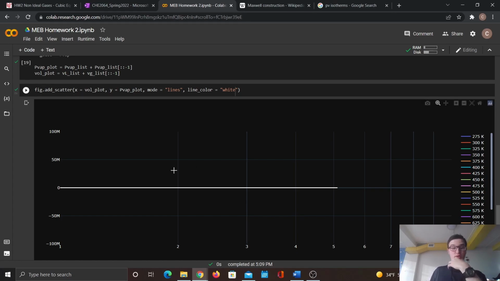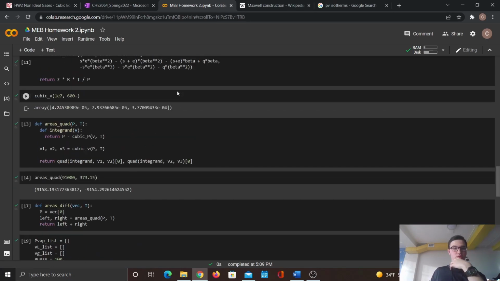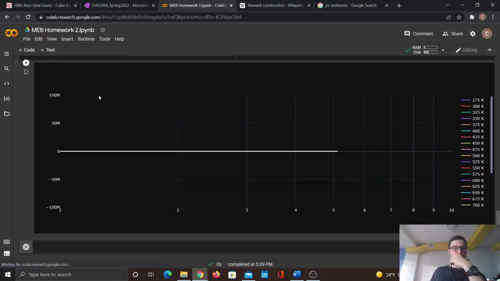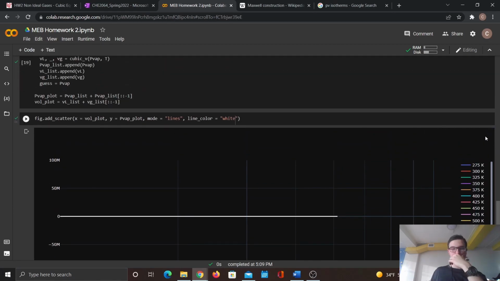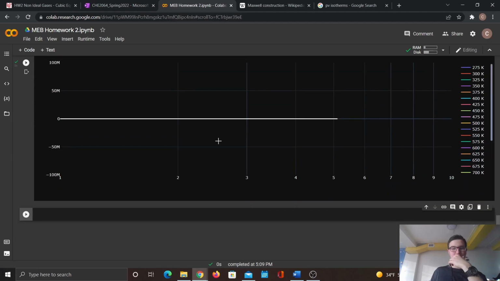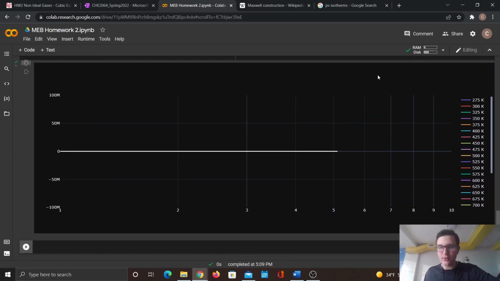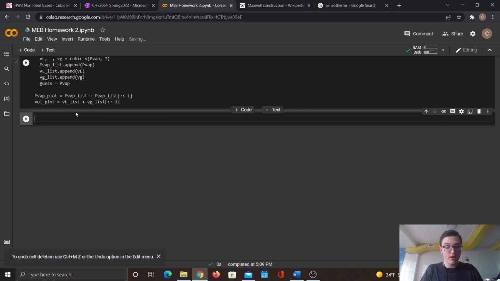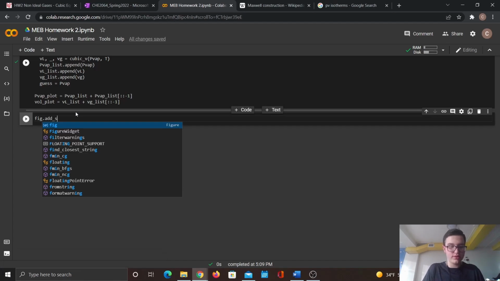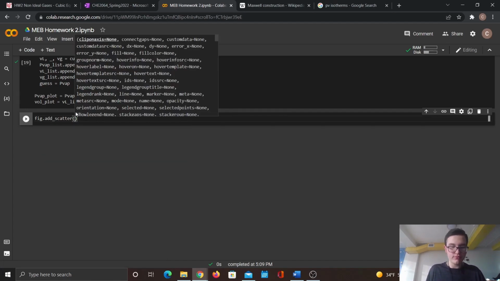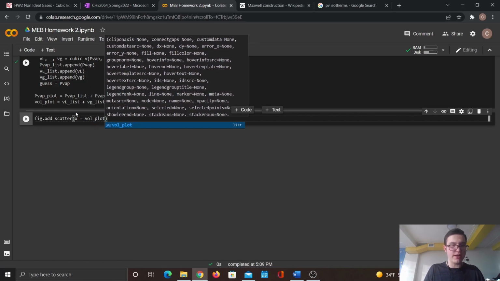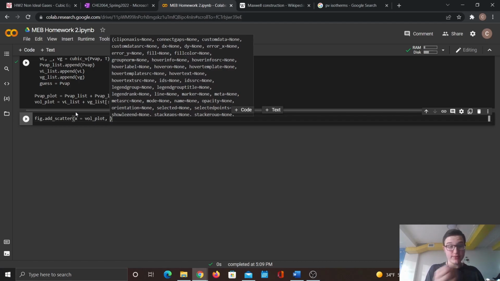Crud. No. How do I get rid of you? No. Well, just get rid of this. Let's redo that. So fig.add scatter x is equal to vol, the plotted volume values.